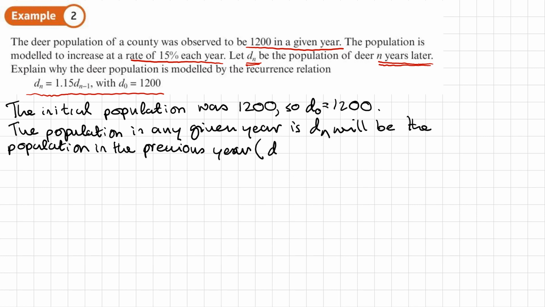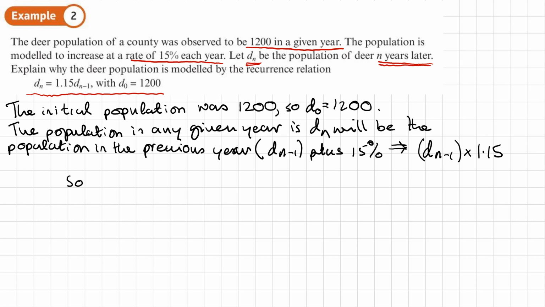That is dn minus 1 plus 15%. So that's the same as taking the population in the previous year, dn minus 1, and multiplying it by 1.15.